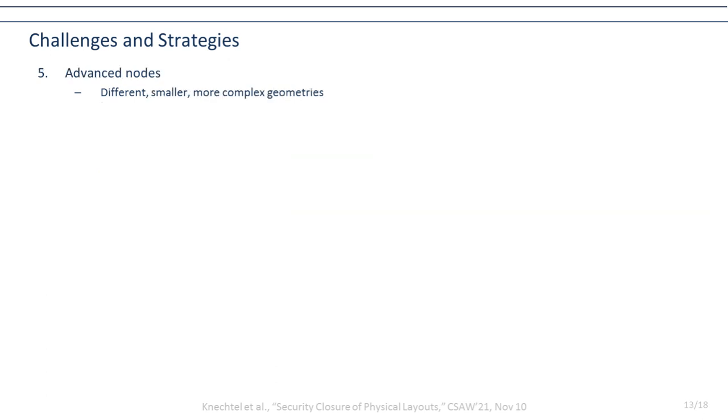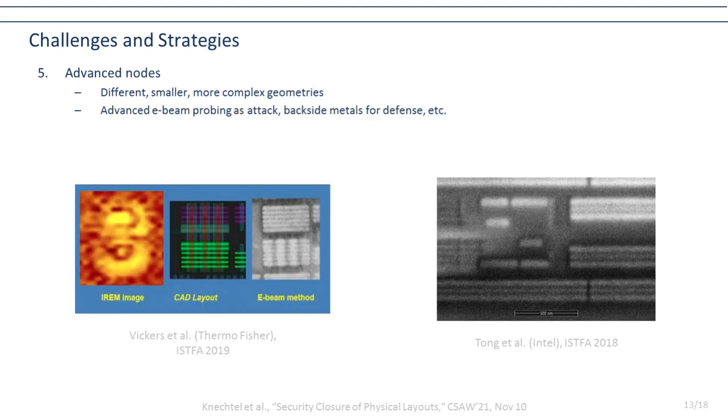Finally, yet another challenge are advanced nodes, because here we are looking at different, smaller and more complex geometries of the cells. And this goes two ways, as in the attackers would also need advanced capabilities like E-beam probing.